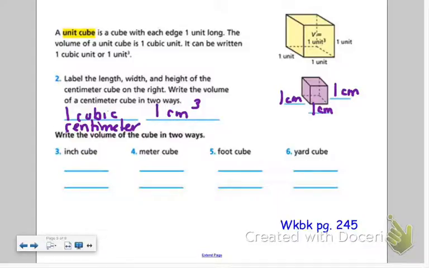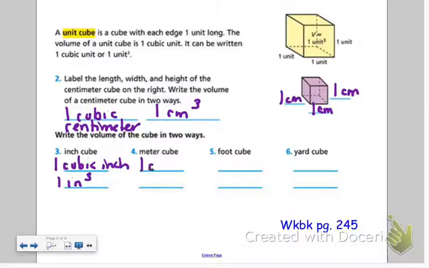What if we have, look at number 3, what if we have an inch cube? Well, that means it's 1 inch long, 1 inch wide, 1 inch high. That would be 1 cubic inch, or 1 inch cubed. Or maybe it's a meter cube, so it's 1 meter long, 1 meter wide, 1 meter high.